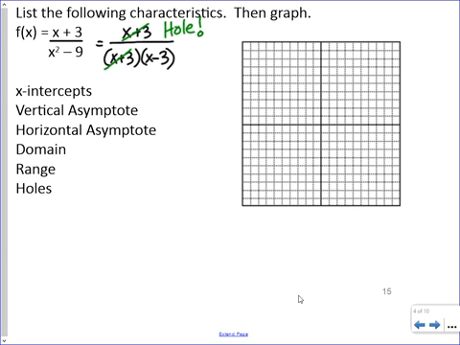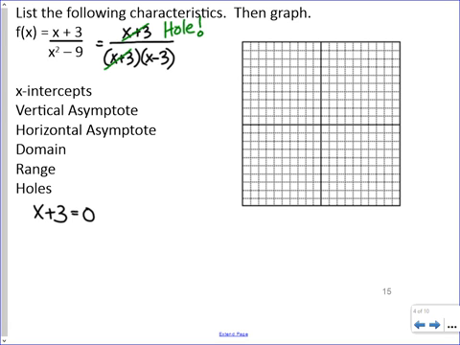So in order to find out where the hole is, we need to find the x-coordinate of the hole, and we need to find the y-coordinate of the hole. In order to be able to do that, whatever factor you canceled, set that factor, x plus 3, equal to 0.